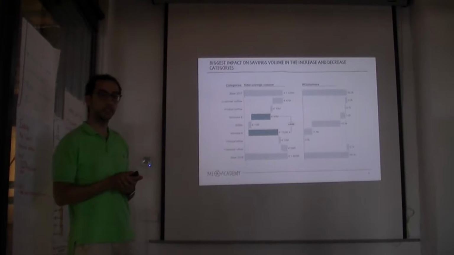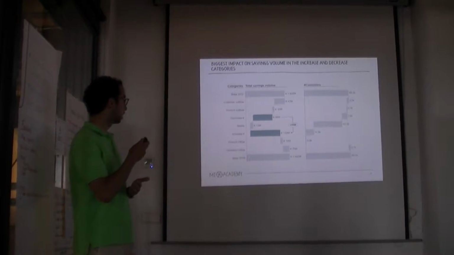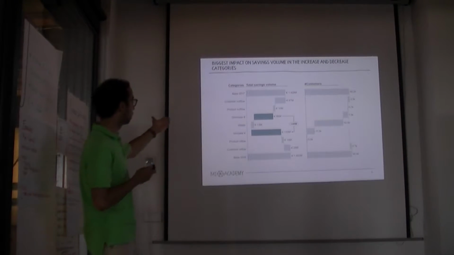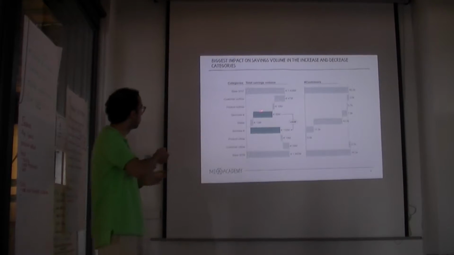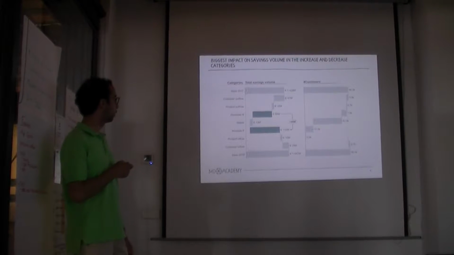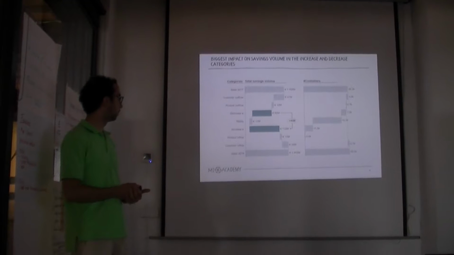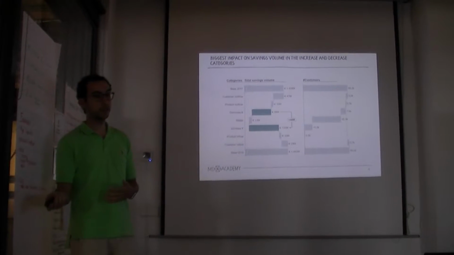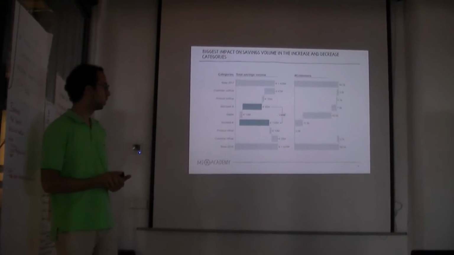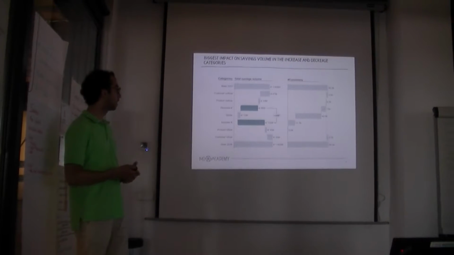Every customer is then put into a category. We have a category customer outflow and a category customer inflow, which means that a customer doesn't have a savings account anymore, or has a new savings account.